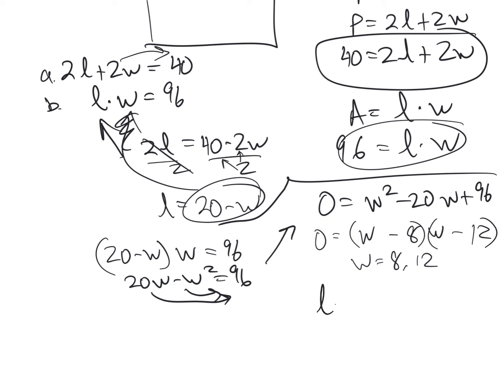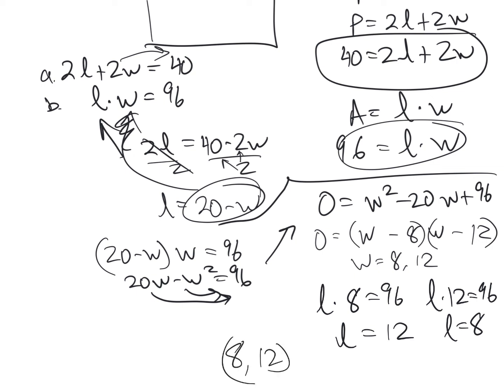So length times width equals 96. So the length divided by 8 is 12. And length times width is 96. If the width is 12, then the length must be 8. All right, so it's either 8 by 12 or 12 by 8. Either way, you're going to get the same rectangle. So 8 and 12 or 12 and 8. Okay? All right, that's the end of it.